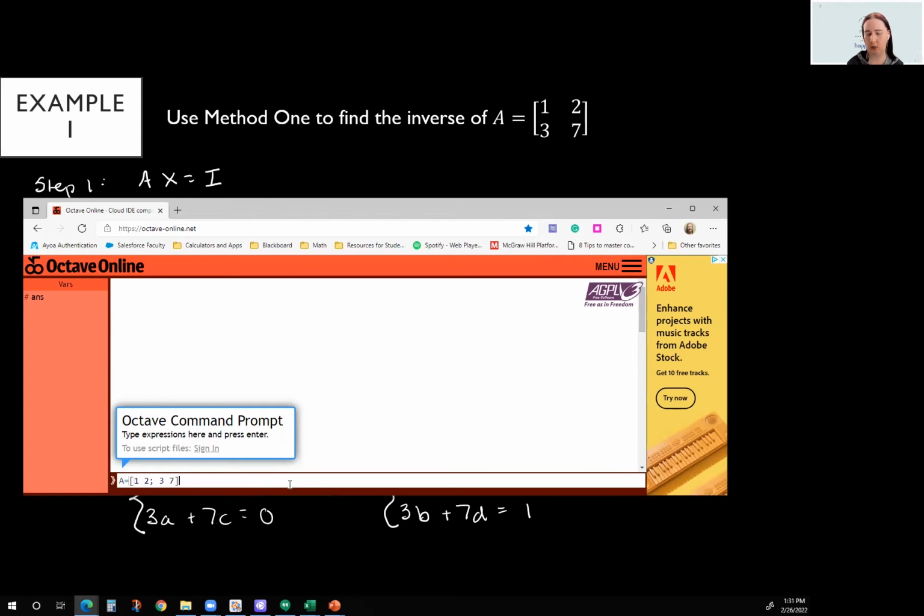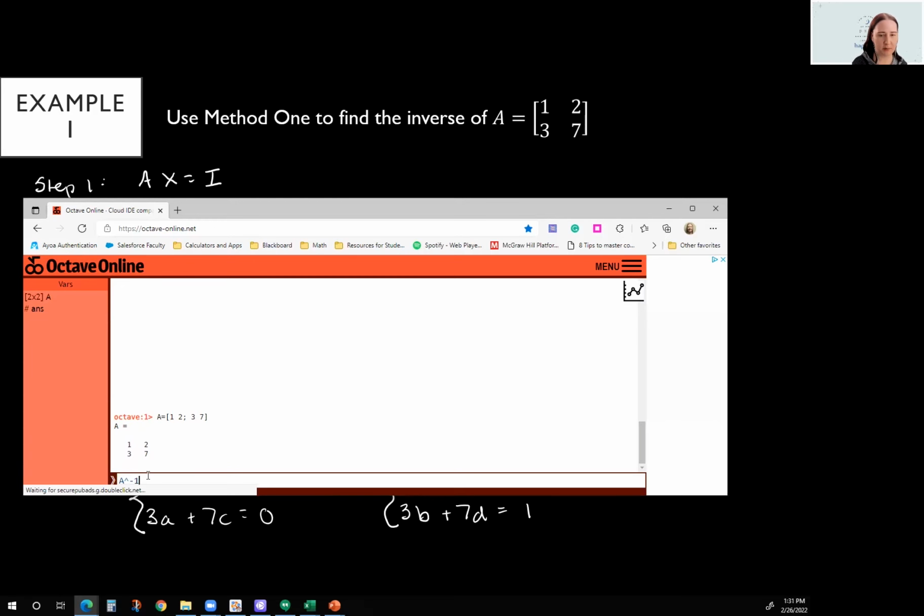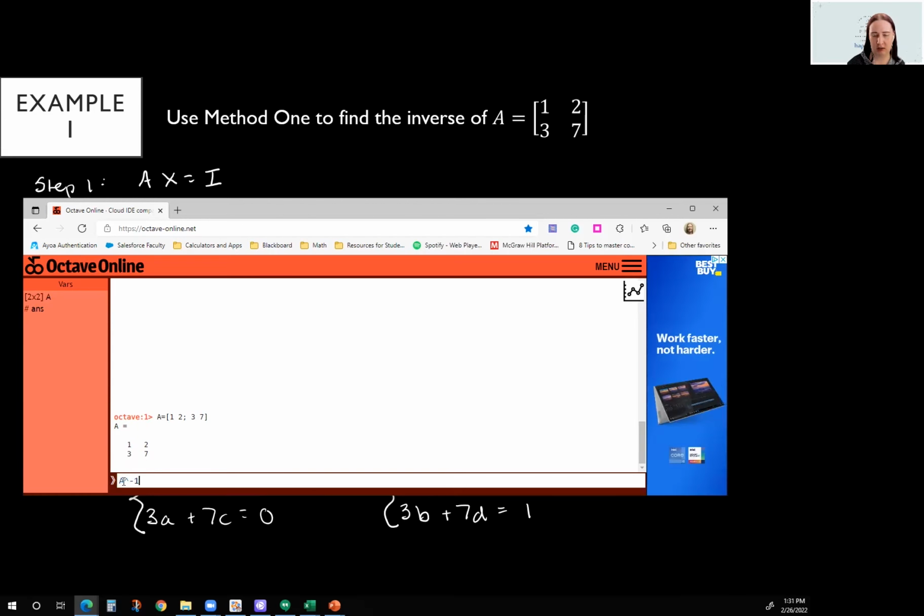So it's row by row with a semicolon at the end of each row and then a space between each entry. And then you can verify when you hit enter that it looks like the same matrix you have here. So to verify my inverse, I'm going to just use the inverse command, basically type A, and then I use the caret to get the exponent, -1.